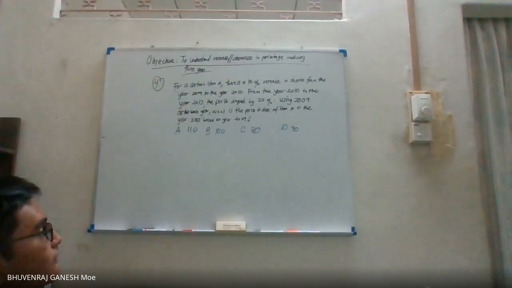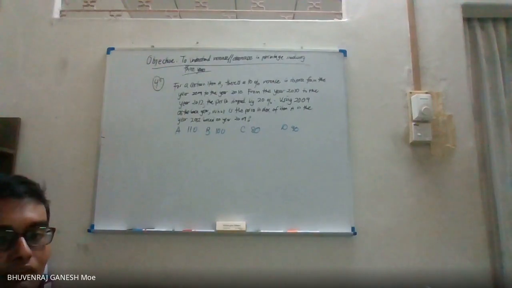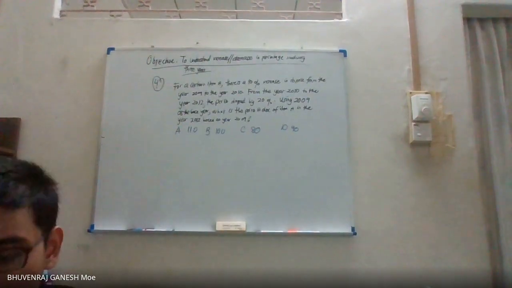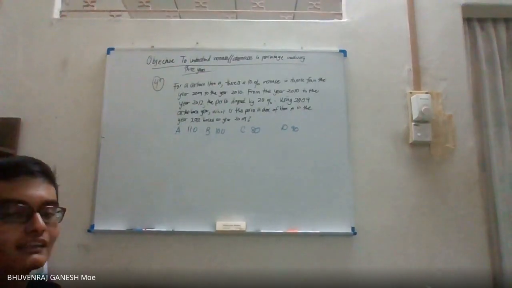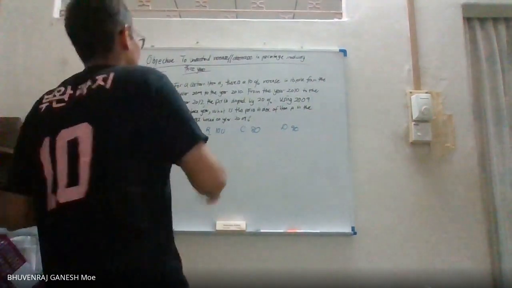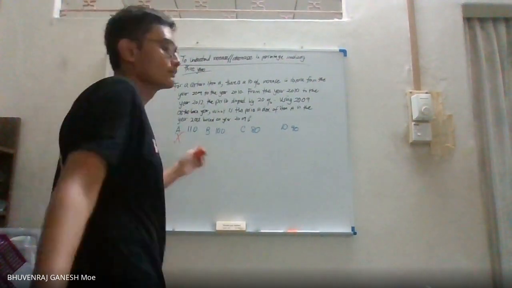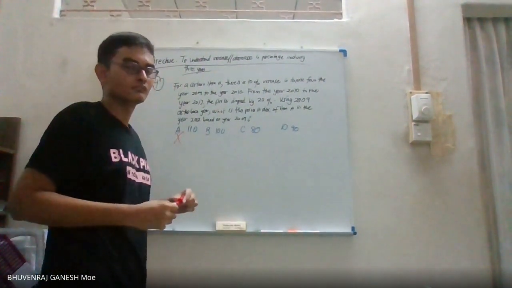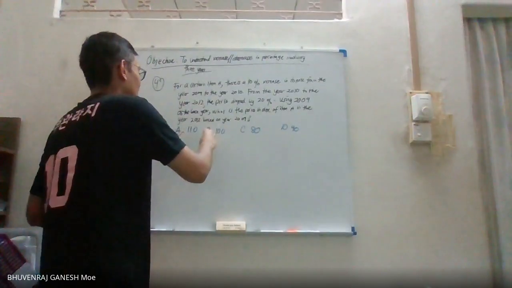That one is dropped by 20%. Yeah, correct. Then it's A and B. Which one do you think you will eliminate first? A. Okay, so that's not the answer, you can eliminate this. What's another one you can eliminate from here? B. Yeah, correct, because this is the reference here.